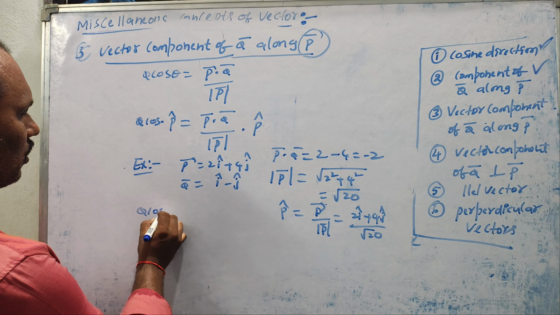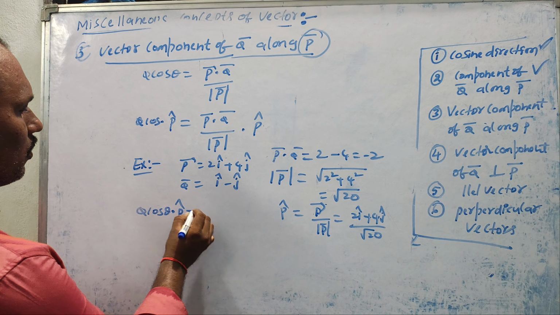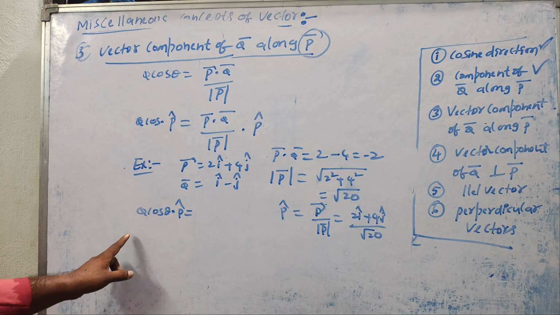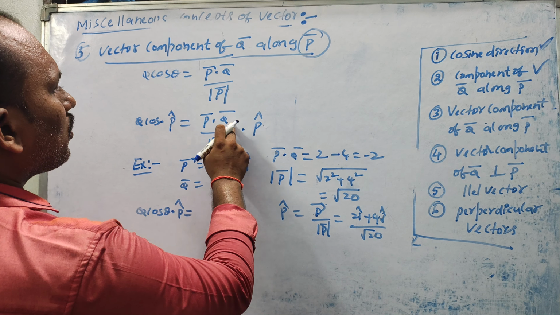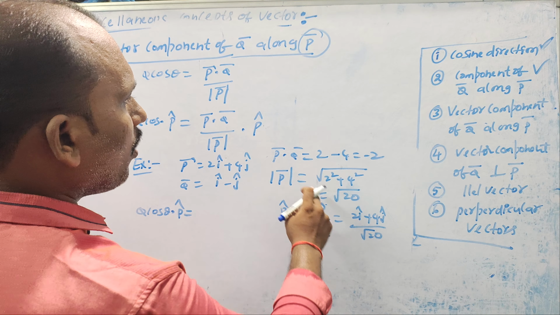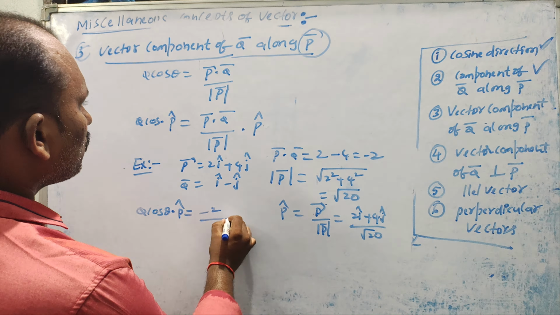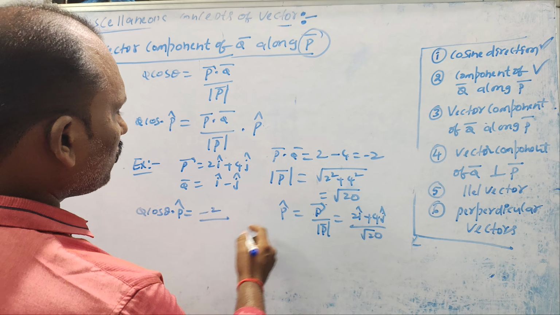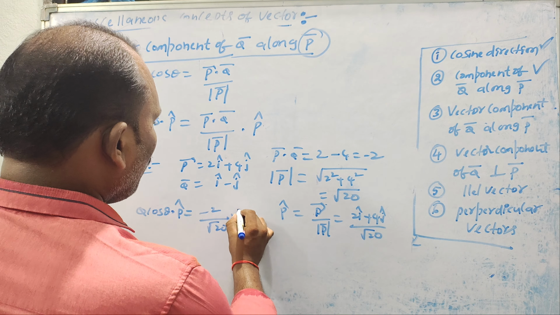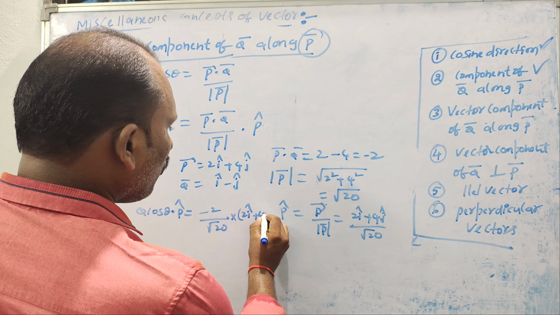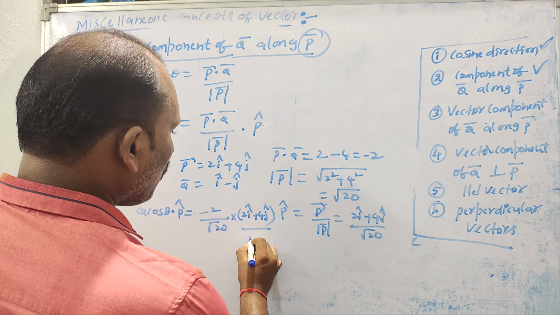Q cos theta times P cap is equal to P bar dot Q bar by modulus of P bar, which is minus 2 by root 20, into 2i cap plus 4j cap by root 20.